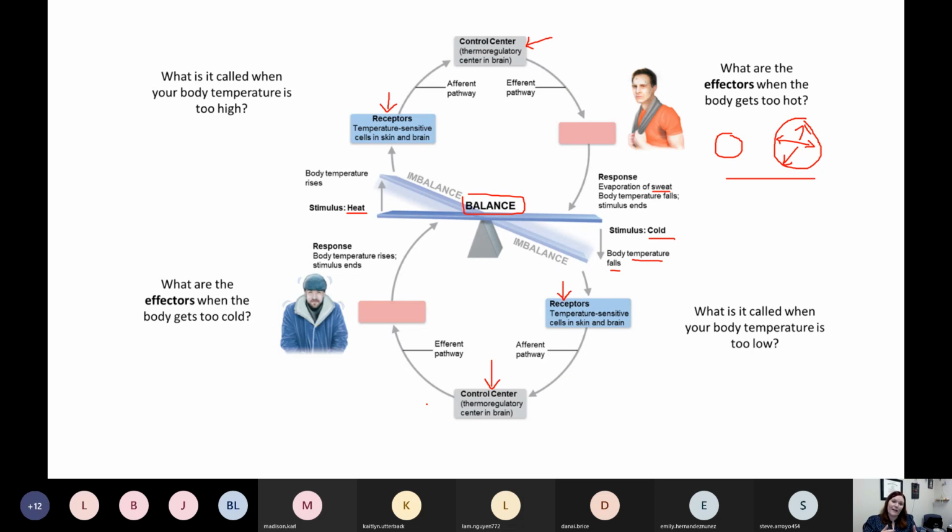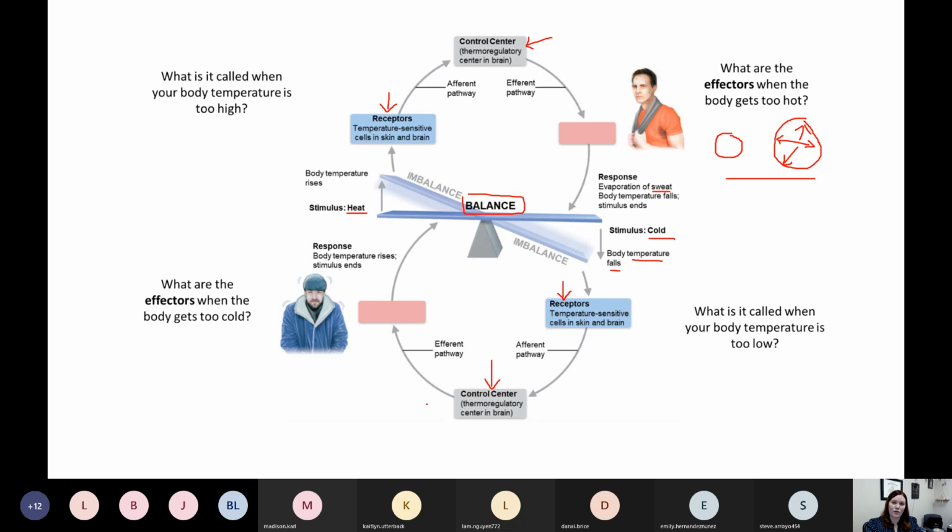Shivering moves your whole body. Everything starts to shake. The goal is to generate some heat because the process of muscle contraction creates heat. So if I'm feeling cold, my control center in my brain will send a message to my skeletal muscles to start shaking. I'm going to shiver.